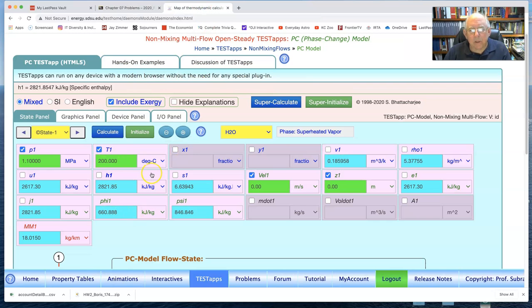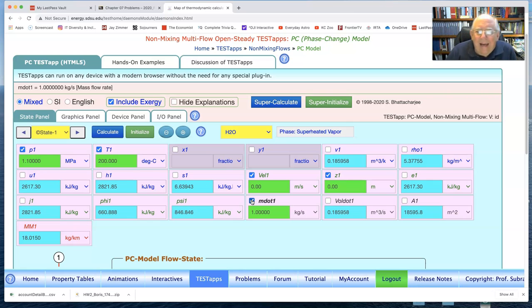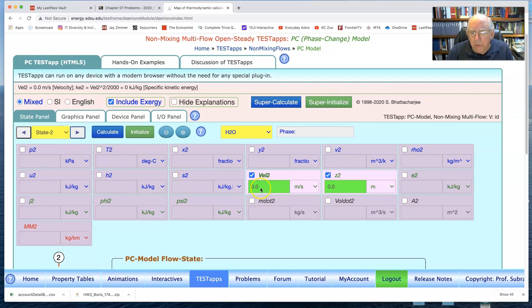So we've gotten state 1, and we see that it's a superheated vapor. And for the purposes of the calculations, we're going to go ahead and assign this first stream an m dot equal to 1. And now when we go to state 2, we're going to say that the m dot is equal to the same thing.